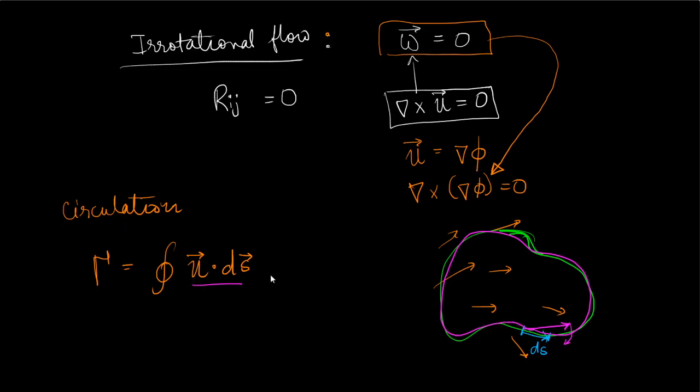If the integral is 0, then we say that the flow has no circulation.